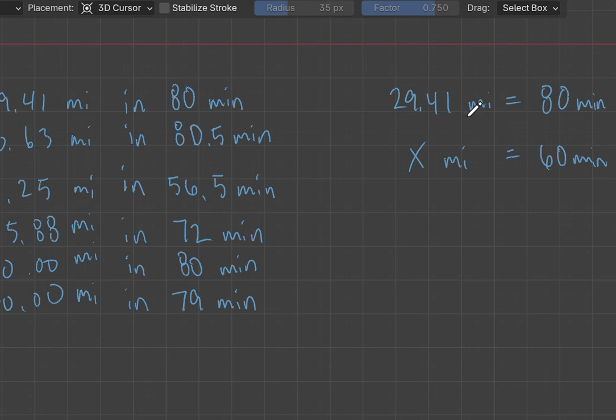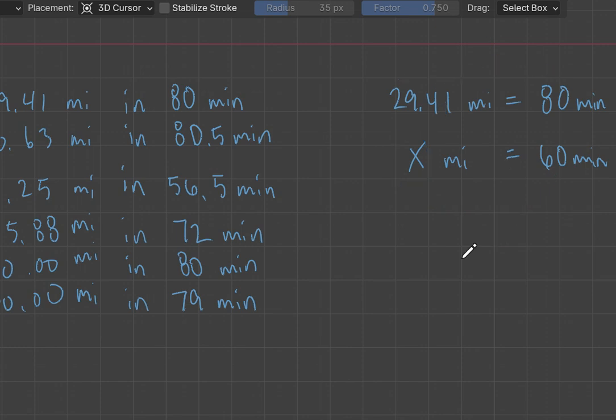So the way that you approach this is, if I'm trying to find this value in miles, I take this number divided by this number and then multiply by this number to get back to x.